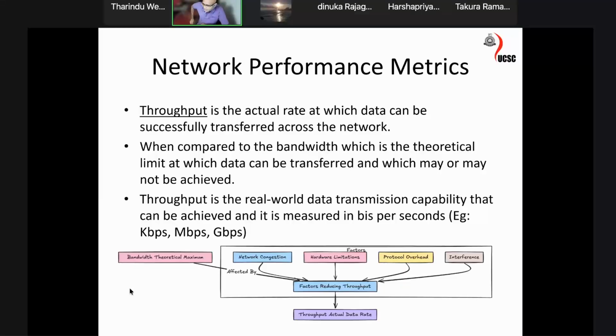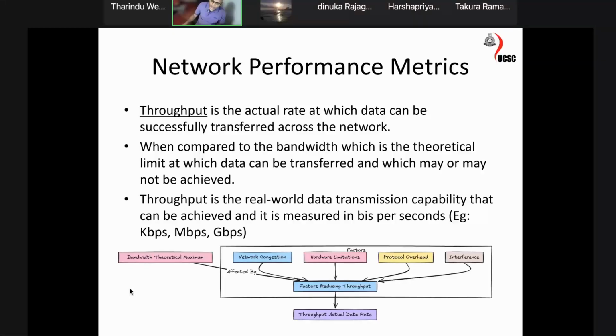There are several alternatives or improvements possible to increase the throughput, and there are operating system settings and throughput-oriented tunings. And interference: if you are using copper cables, it is quite possible to have interference, which can affect the theoretical maximum bandwidth and result in lower throughput compared to the maximum level.